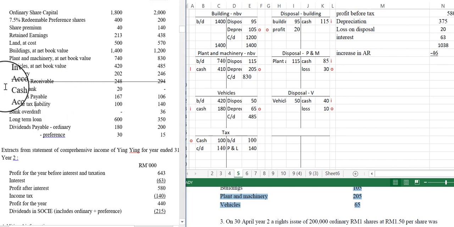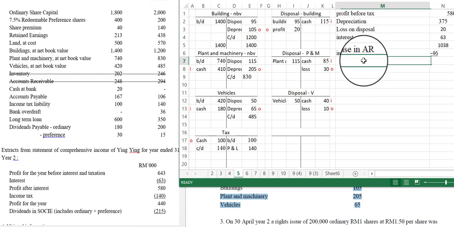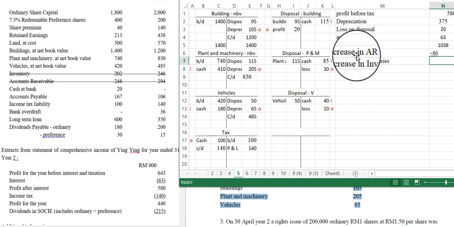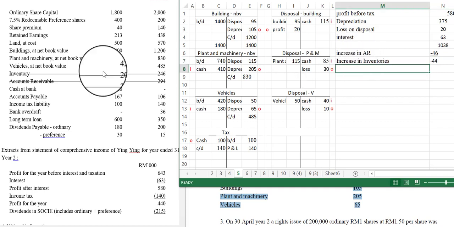Okay. Next, we have inventory 202. From 202 increase to 246. So increase in inventory 202 to 246. You have to minus 44 because your cash will go out to buy inventory.